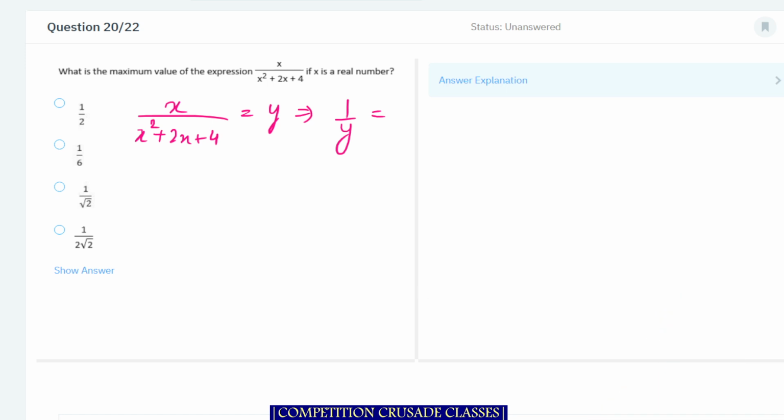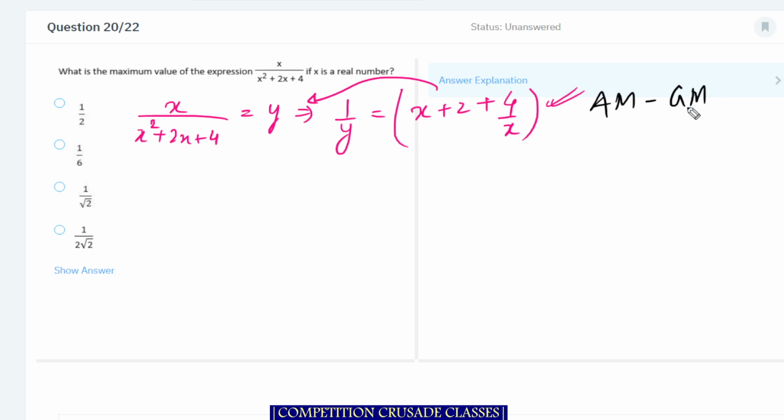I'm inverting it for a very specific reason, that is because I want the numerator to have those terms. So that will be x plus 2 plus 4 upon x. I have to now maximize this one, and I'll have to pay attention that I have to go back to 1 by y. Okay, what I will use over here is AM-GM inequality.